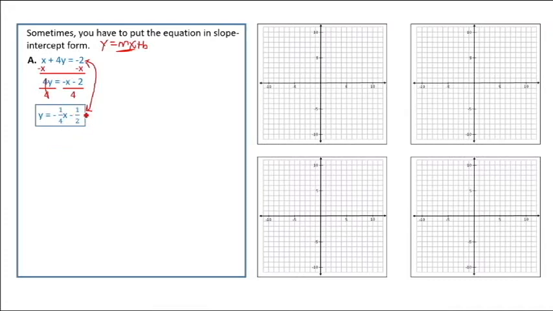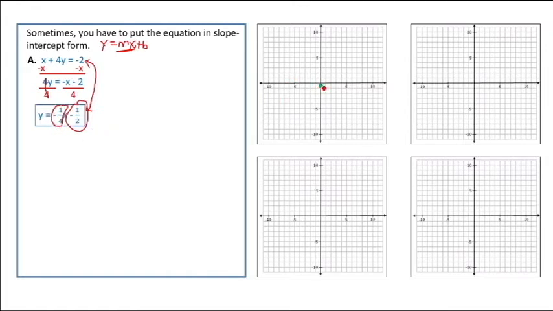Once you have this in slope-intercept form, you can quickly see that your y-intercept is negative a half. So I'm going to come over here to this first graph and put that as a dot. We don't like it when our y-intercept is a fraction, but it can't be helped. We just got to make sure we're extra careful. Remember, negative 1/2 would be between the 0 and the negative 1. Notice that your slope is negative 1/4.